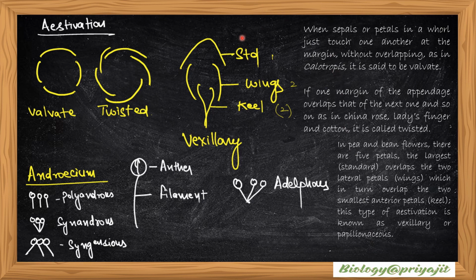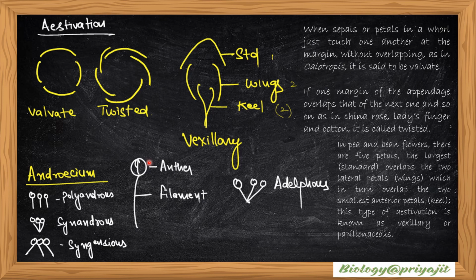Now we will focus on androecium, which is the collection of stamens. Each stamen, which represents the male reproductive organ, consists of a stalk or filament and an anther. The stamens in a flower may either remain free, which is called polyandrous condition, or may be united in varying degree.